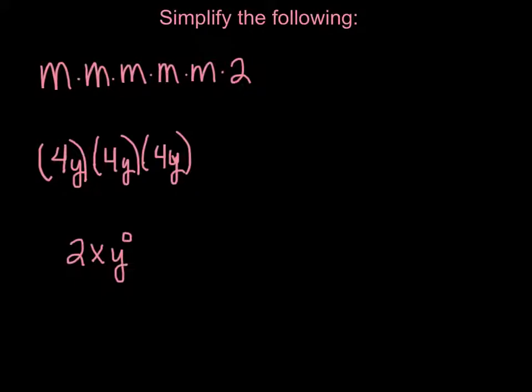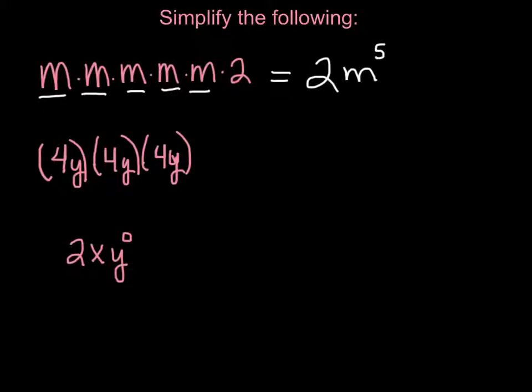Okay, last slide, guys. Now we're going to simplify the following. We've got things in expanded form, and we're going to simplify them down to simplest form. I've got m times m times m times m times m times 2. So the 2 should be out in front because that's just proper algebra. And then I've got m 5 times, so that's 2m to the 5th power. Okay.